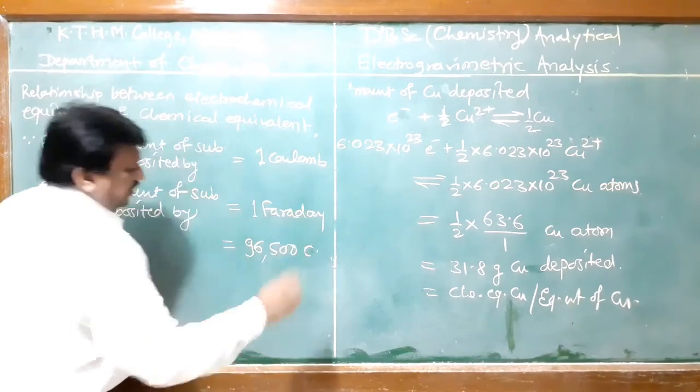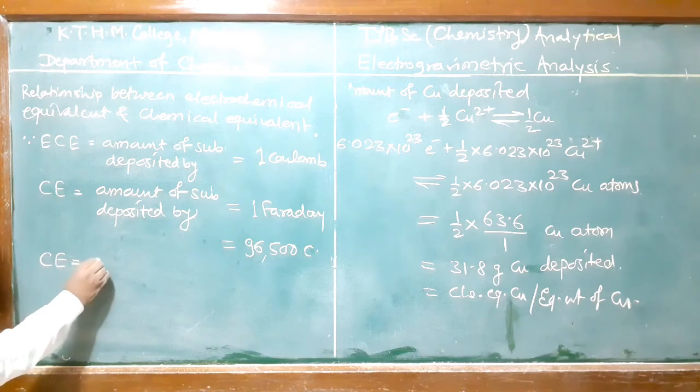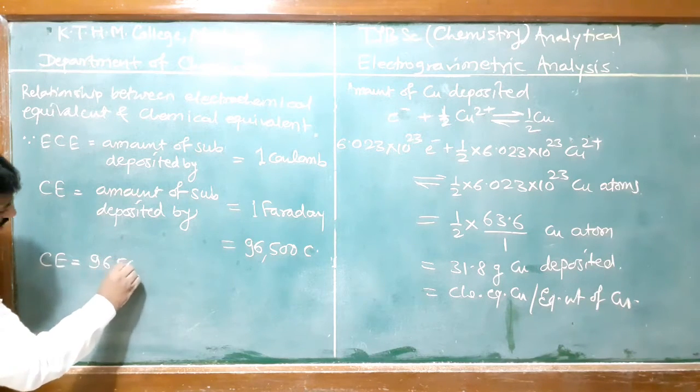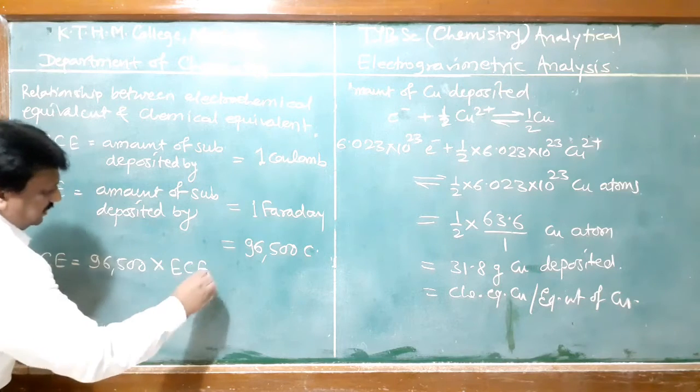Therefore, here 1 Faraday means 96500 coulomb. From this we can write a relation: chemical equivalent is equal to 96500 into electrochemical equivalent.